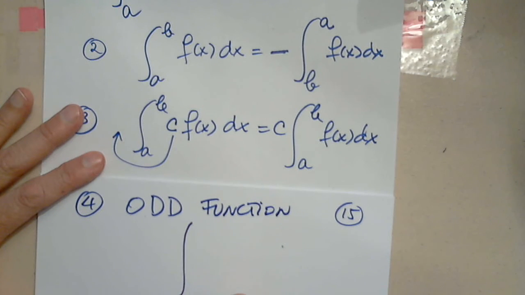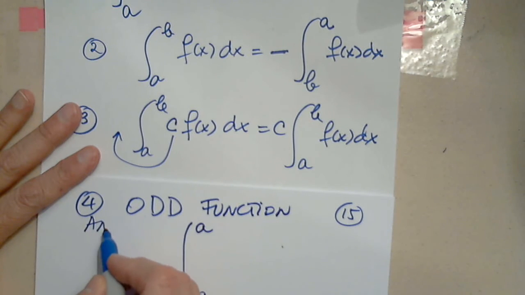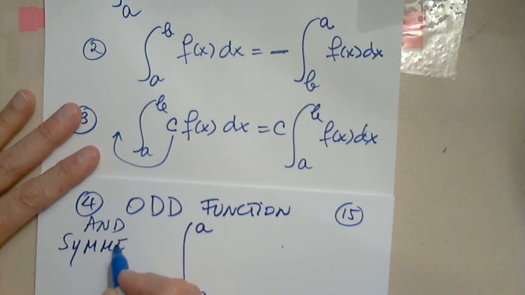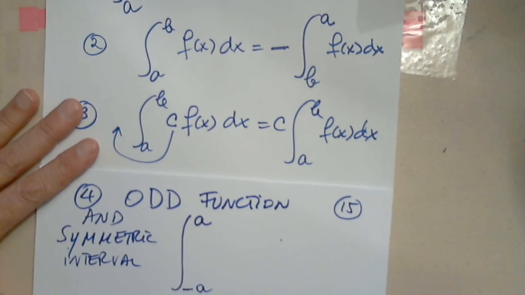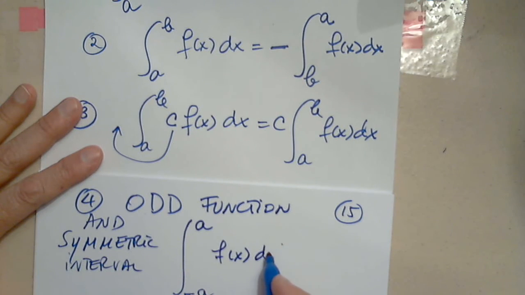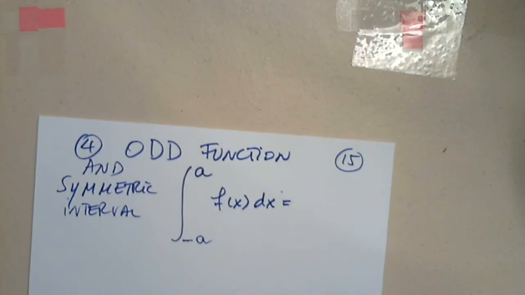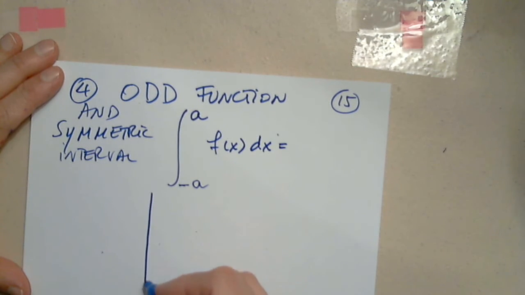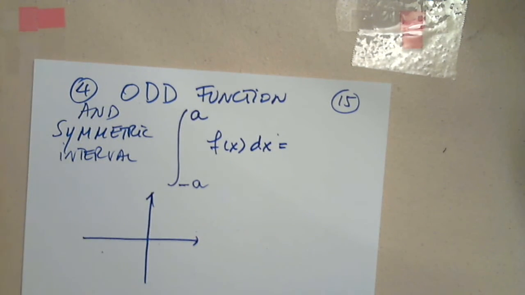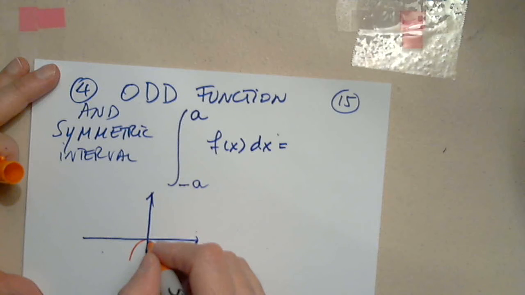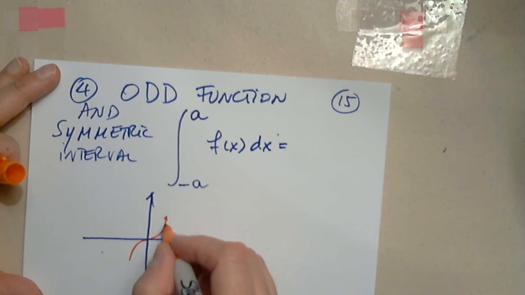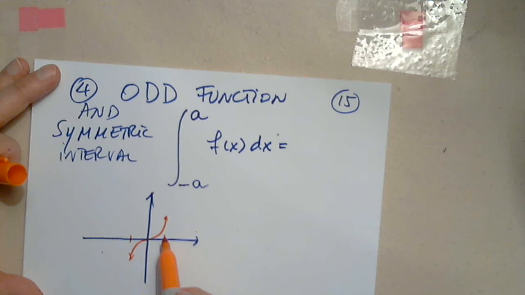For an odd function on a symmetric interval, odd function and symmetric interval. I'm going to graph an odd function right now. Here it is. On a symmetric interval, let's say, between negative a and a.